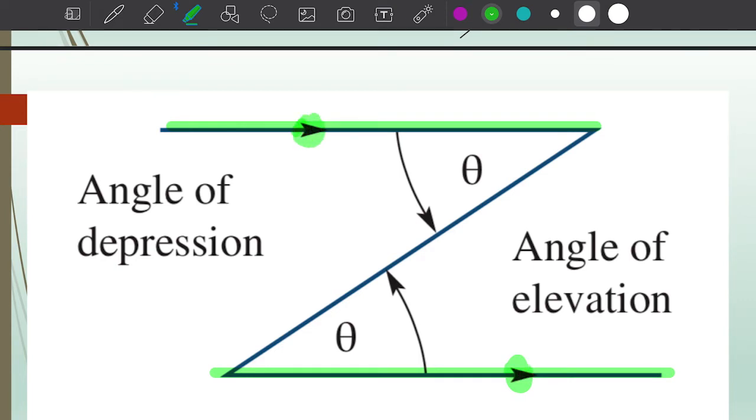Something we should remember about parallel lines is if we can make a Z, that is a very poor line, if we can make a Z out of these two angles, it means they're equal. So if we're given an angle of elevation or an angle of depression, it can be useful to remember that if you can make this kind of shape, you know that the two angles are equal.